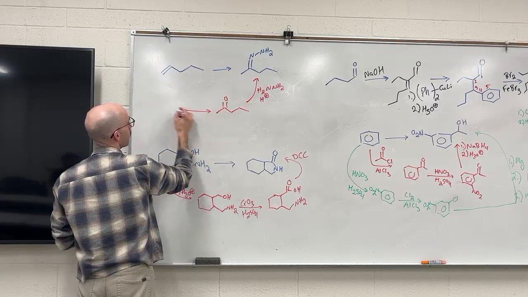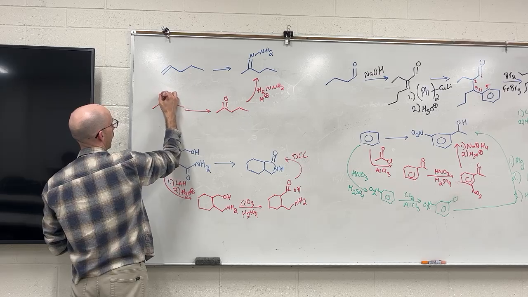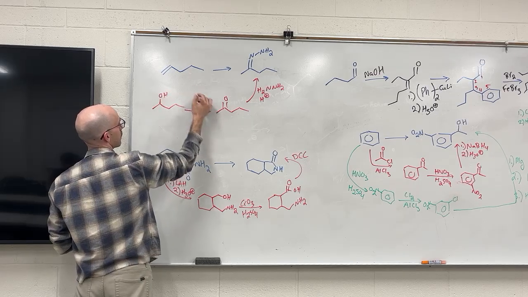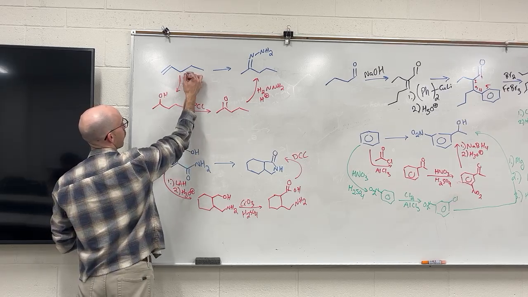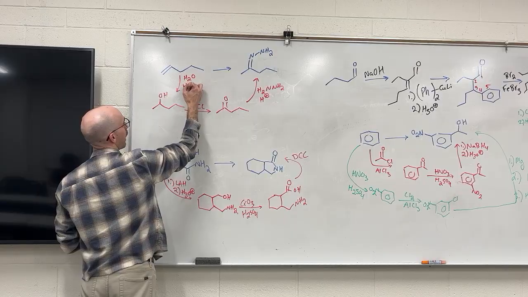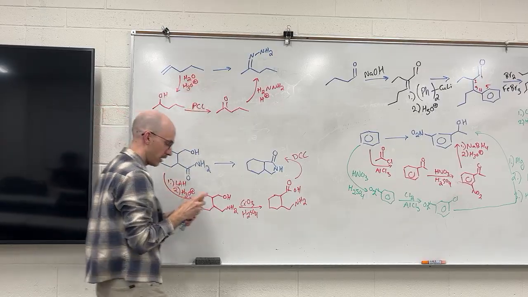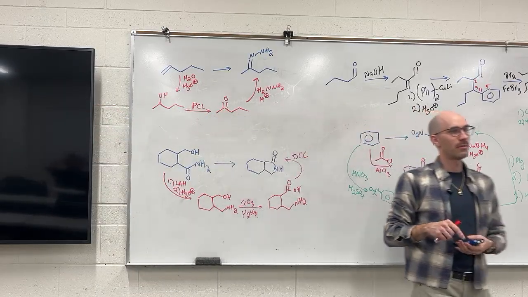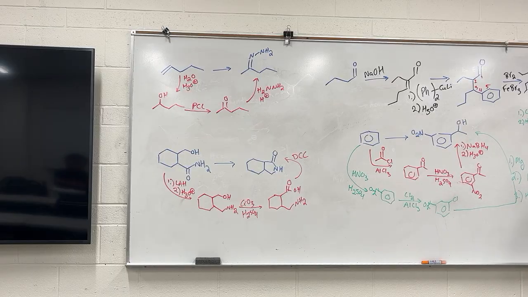The carbonyl could be formed by an alcohol being oxidized, and the alcohol can be formed from the alkene. I know some of you tried using hydroboration oxidation, but that would have given you a less substituted alcohol. Some of you did oxymercuration reduction, which is fine if you want to work with mercury. If you want to avoid working with mercury, use acid and water.